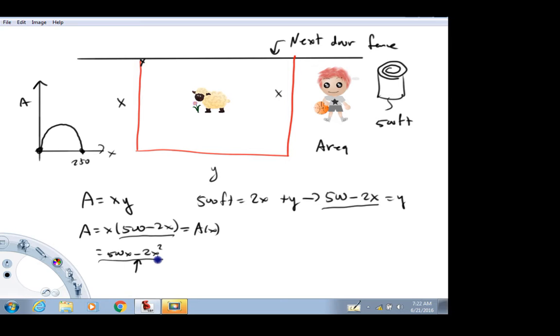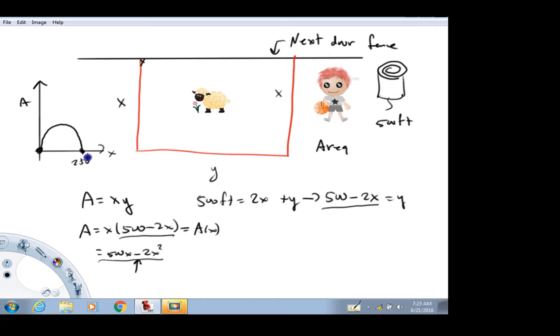But in applied problems, you also have physical reasons to restrict your domain. So in this example, this length x has to be some positive value. This problem doesn't make sense for negative values of x. And also, x can't be more than 250, because if it were, we wouldn't have any left for y. So by the time we apply those restrictions, this function is only really defined from 0 to 250, which is why that's all I drew in the graph.